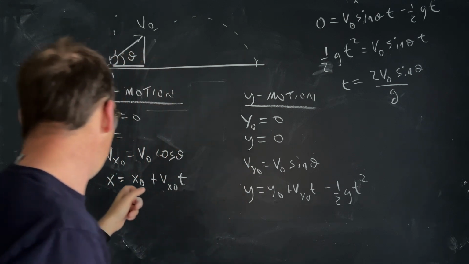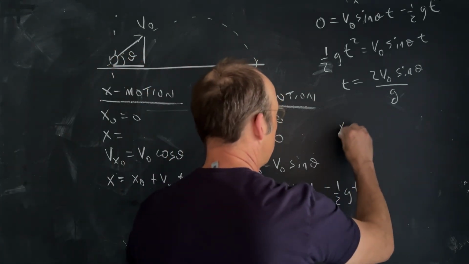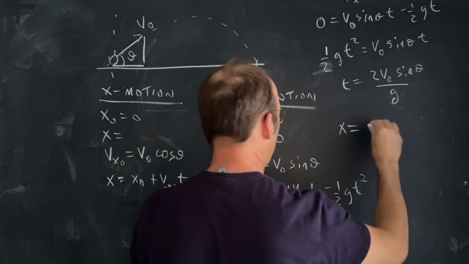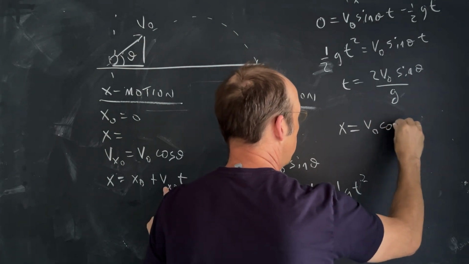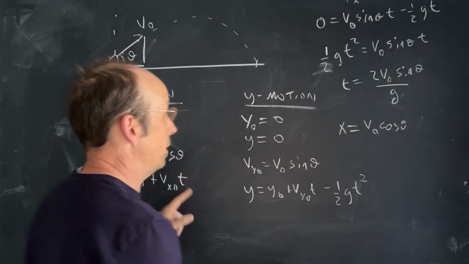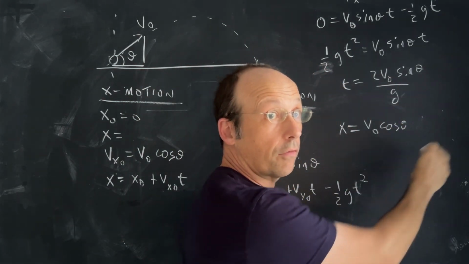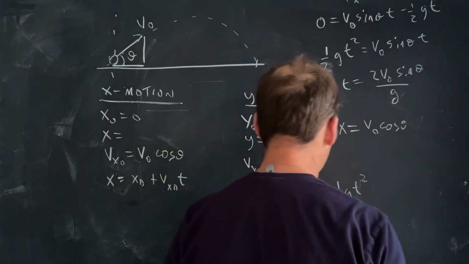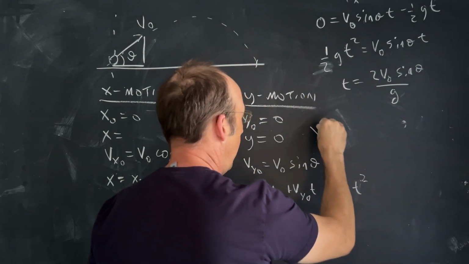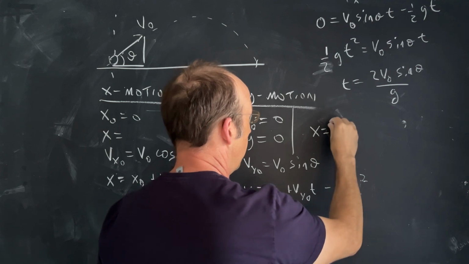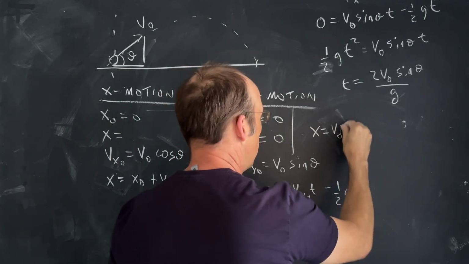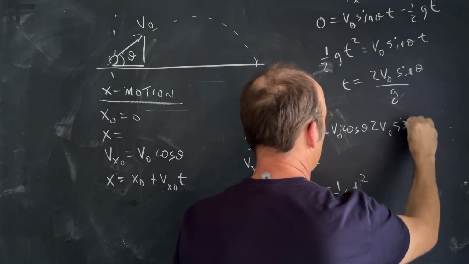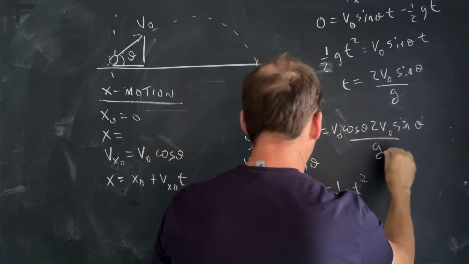Now I can take that and plug in right over here, and I get x equals, it started at x equals 0, v0 cosine theta, that's my initial x velocity, times time, which is this. I don't want to run out of room. Let's move it over. x equals v0 cosine theta times 2 v0 sine theta over g.